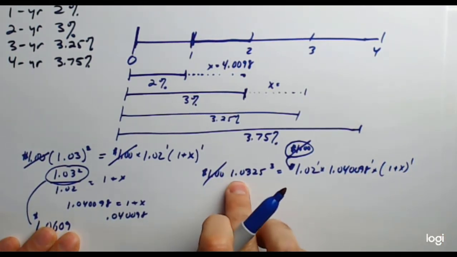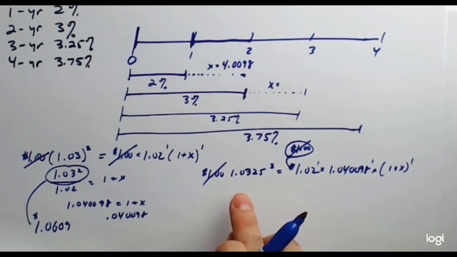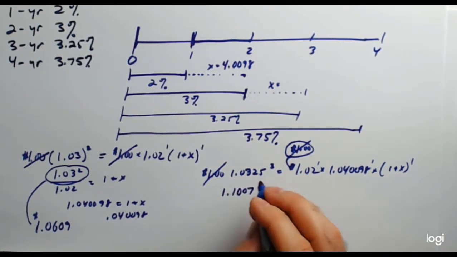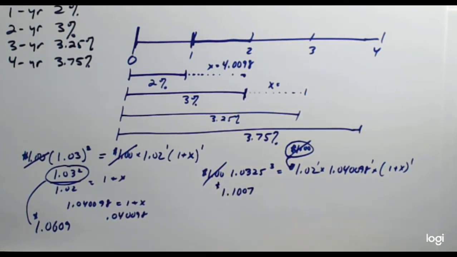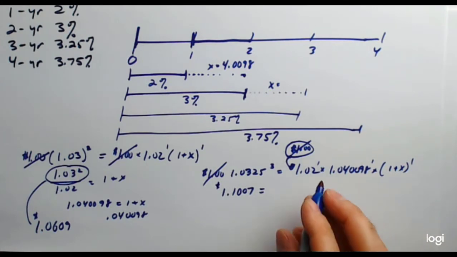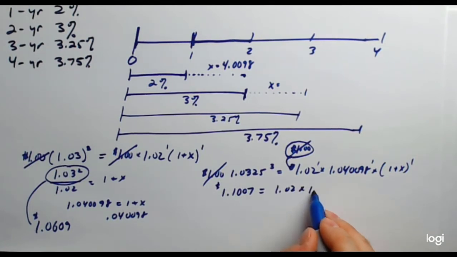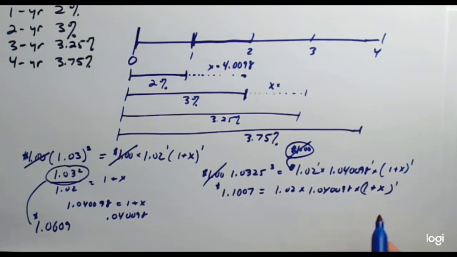So if we take this to the 3rd power, we will get about $1.10, versus what we're going to get here: 1.02 times 1.040098 times 1 plus X to the 1. Now let's divide both sides by these two numbers.